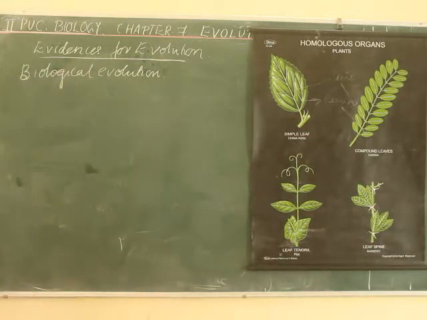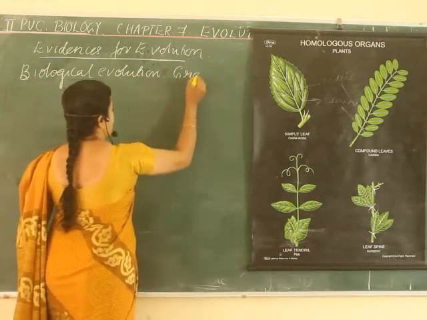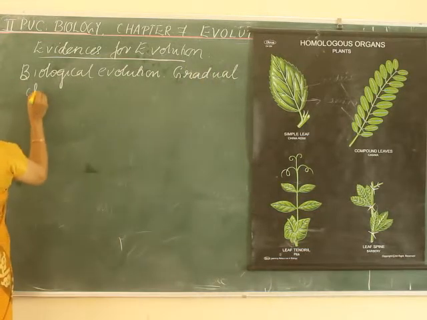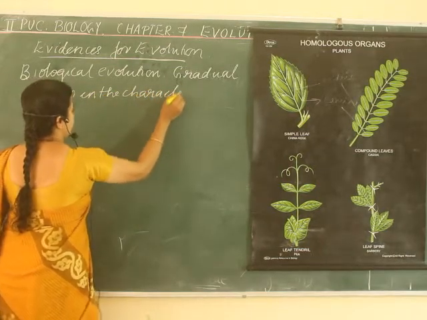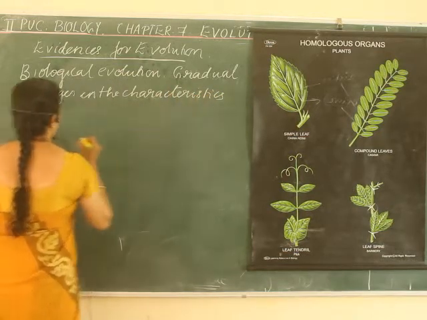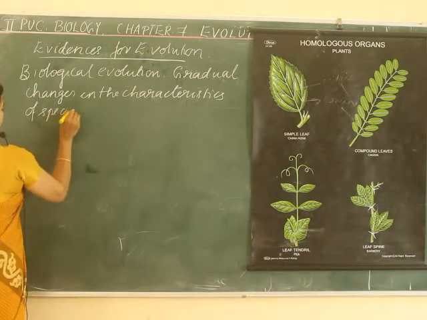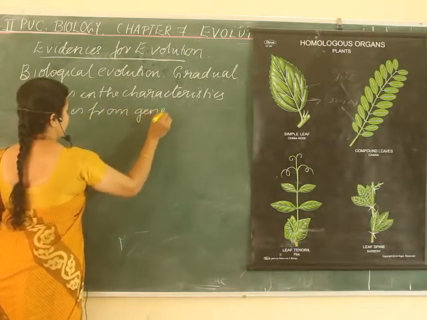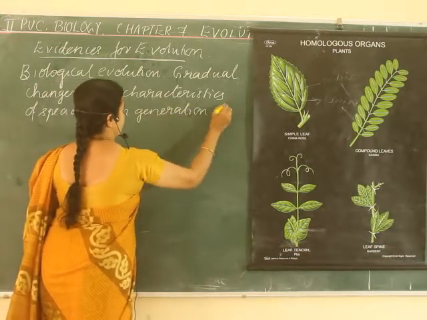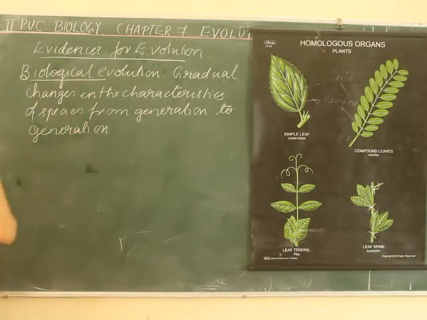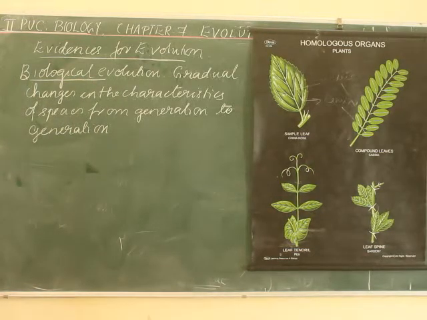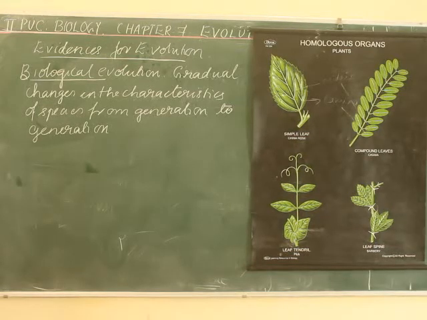So biological evolution means the gradual changes in the characteristics of a species from generation to generation, or over several generations. That is called biological evolution.